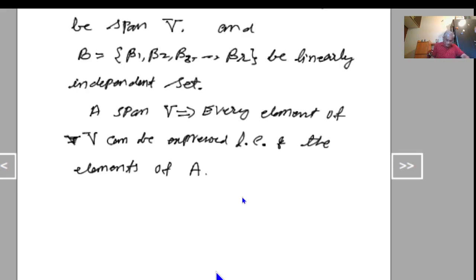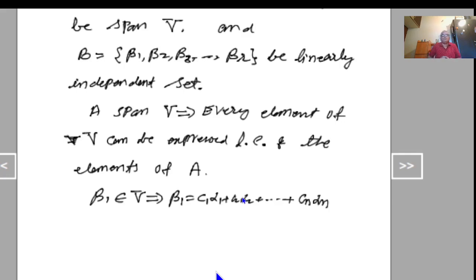Now here, beta 1 belongs to B, which implies beta 1 can be expressed as the linear combination of the vectors of A. That is, C1 alpha 1 plus C2 alpha 2 plus C3 alpha 3 plus up to Cn alpha n. Okay. Every vector of V can be expressed as the linear combination of these vectors.